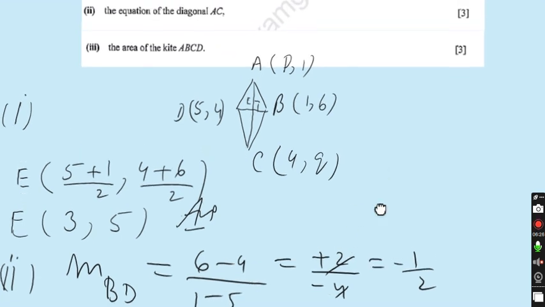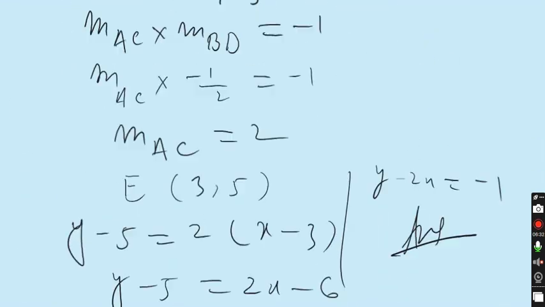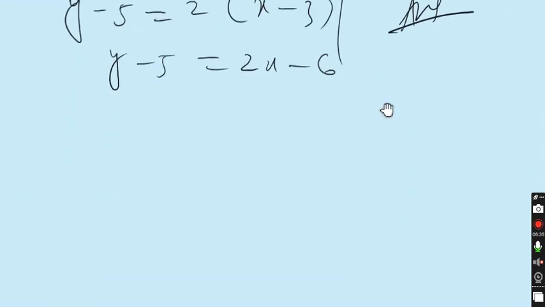See the third part: the area of the kite ABCD. We will use the general formula for the area of any quadrilateral. What are the coordinates of A? The given coordinates of A are (P, 1).